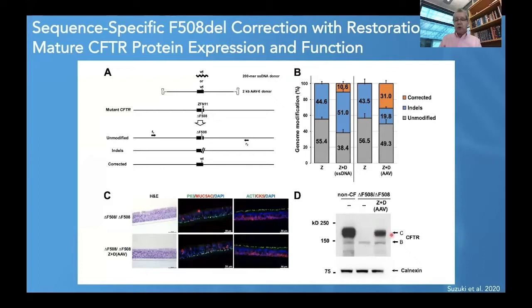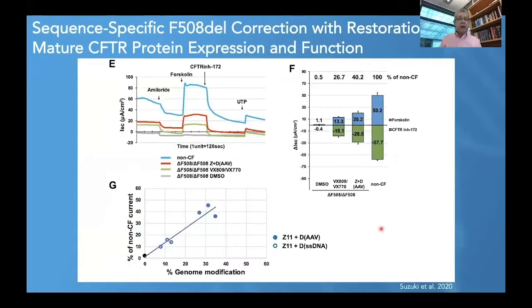We show restoration of CFTR protein, in this case band C. And then when these cultures are subjected to Ussing analysis for CFTR-specific current, you can see that we have levels of restored activity, in this case approximately 40% of non-CF, which is a significant level in itself for a level of modification that's somewhere in the high 20s to mid 30s efficiency of the actual correction.